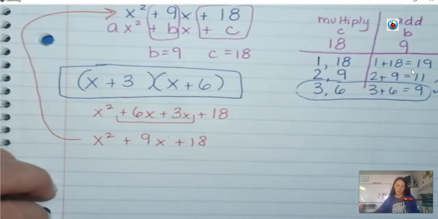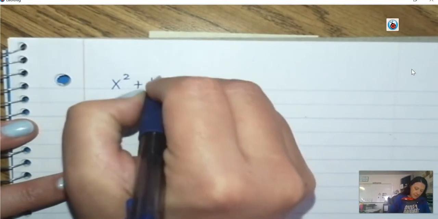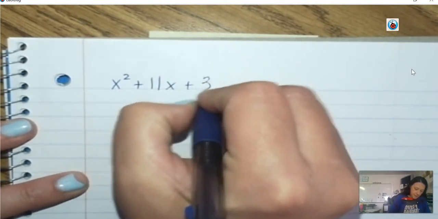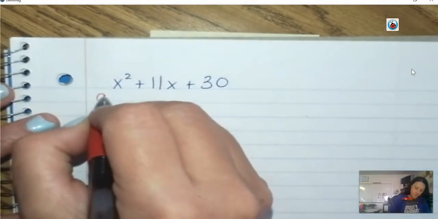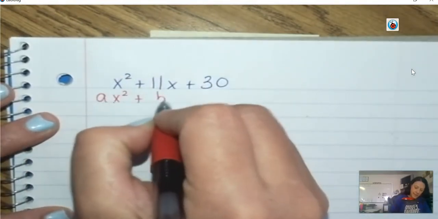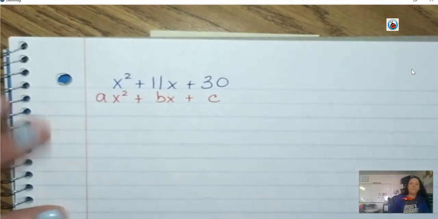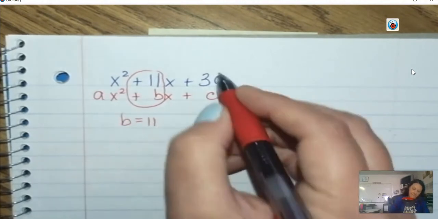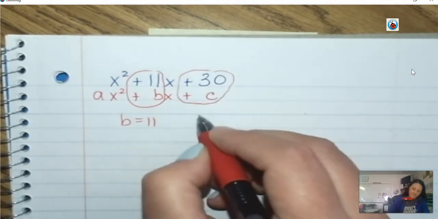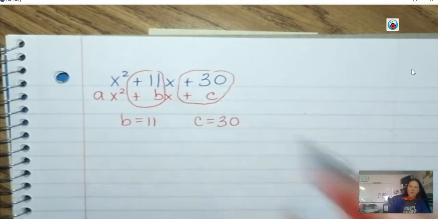Okay, let's try another one. x squared plus 11x plus 30. It's in standard form, so your b value is 11 and c is 30.